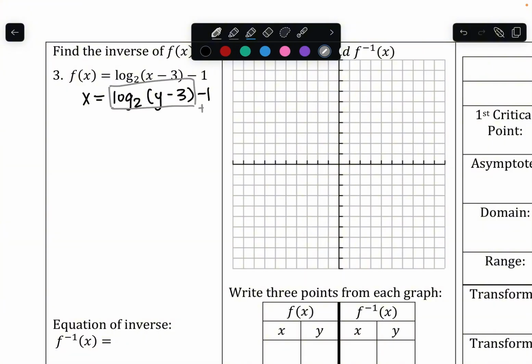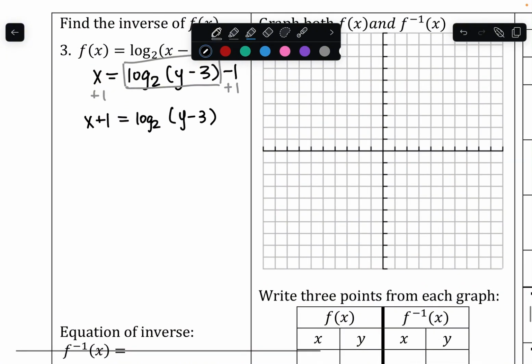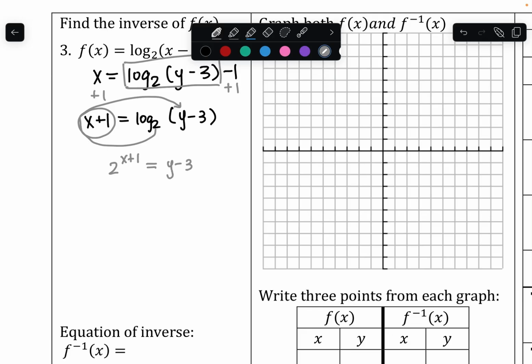And so the -1, we need to add 1 to both sides. So x plus 1 equals log base 2 of y minus 3. Now that we've isolated the log, we're ready to convert. My base is 2, so 2 to the x plus 1, since we're converting to exponential, equals the y minus 3.